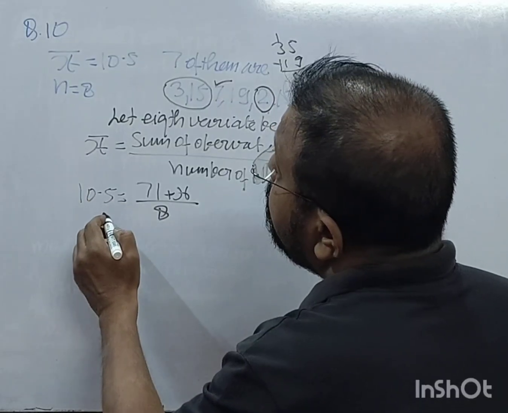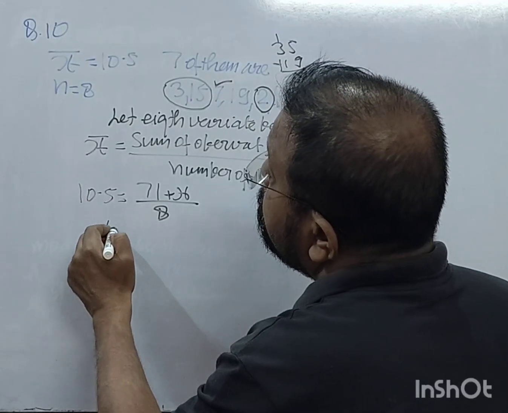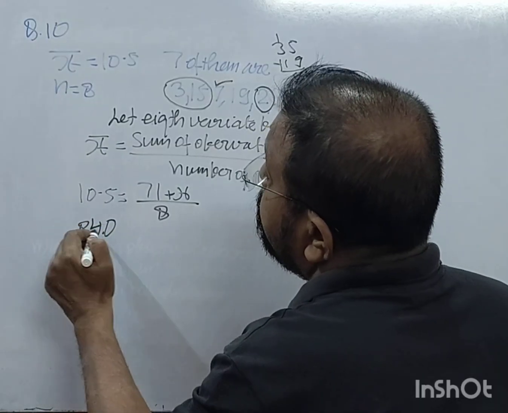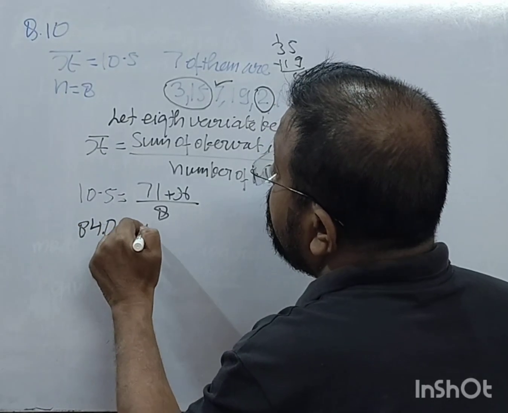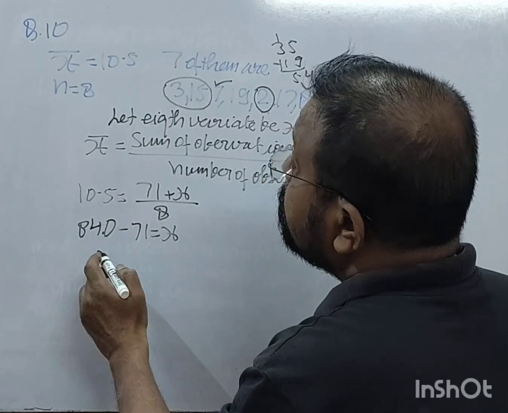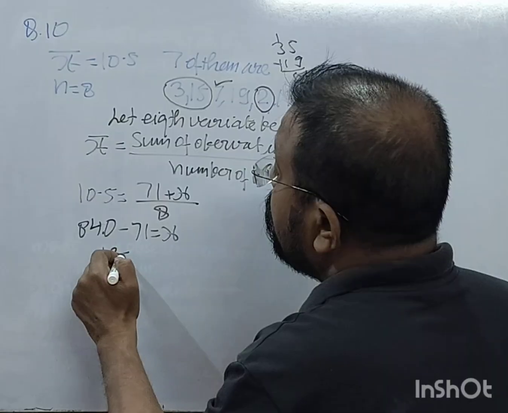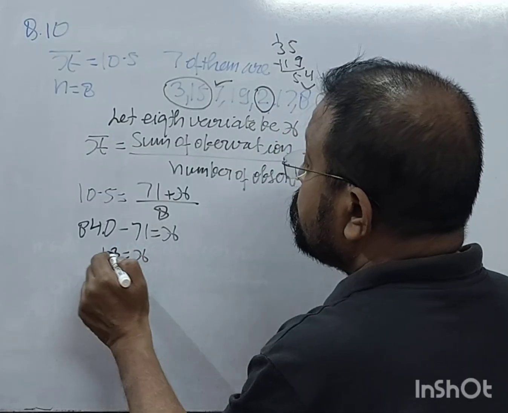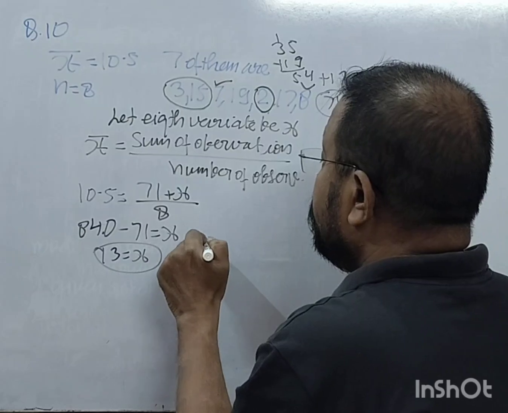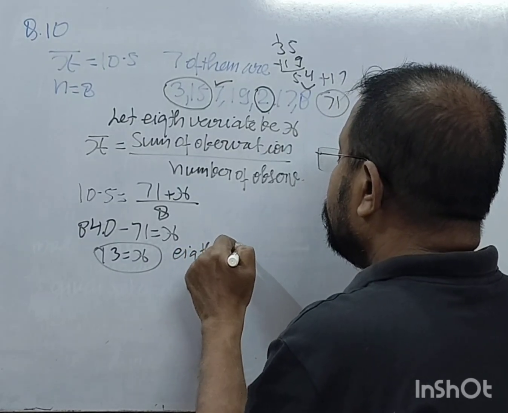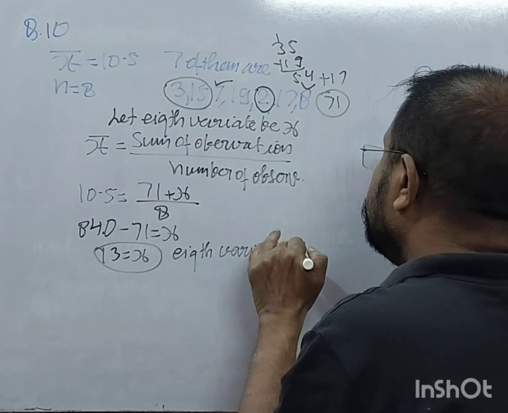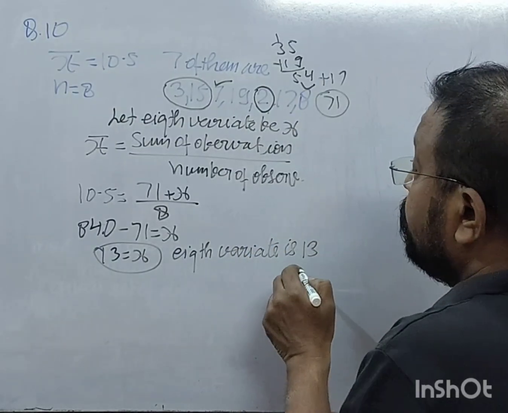We cross multiplied it, so how much? 10.5 times 8 becomes 84, minus 71 is equal to x. How much it is? It is 13 is equal to x. So here we get what is your answer? Eighth variate is 13. You get this?